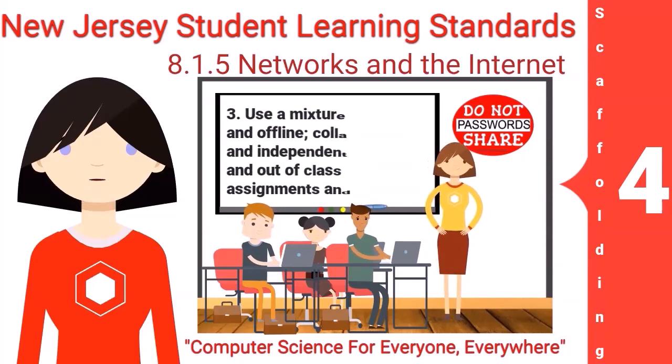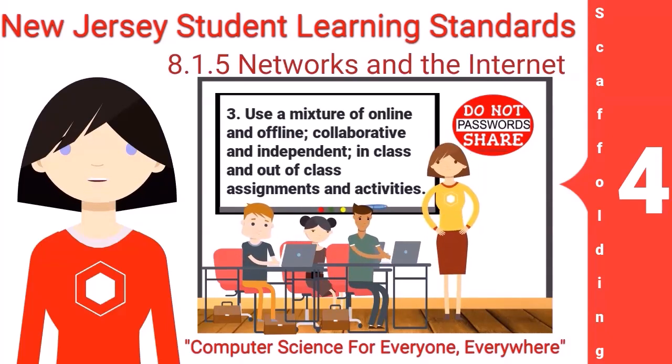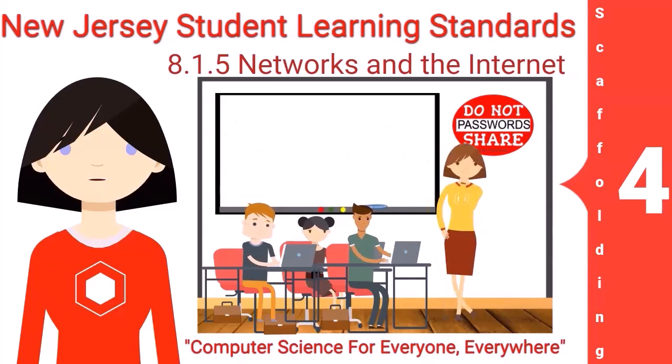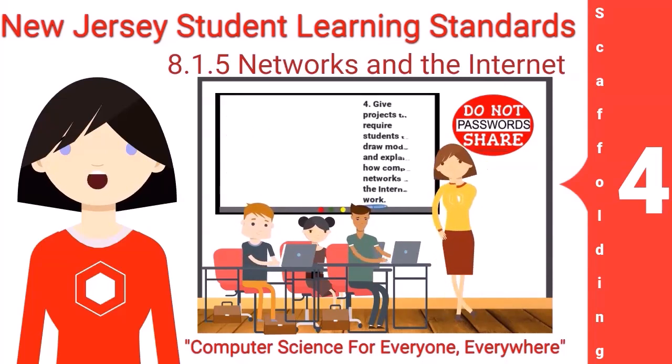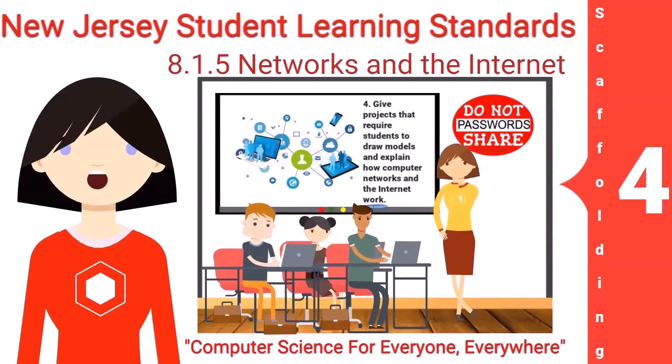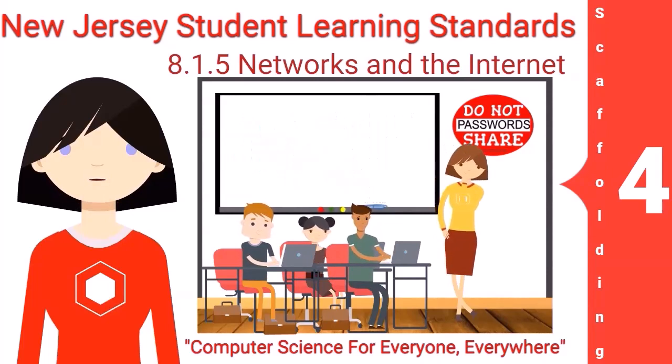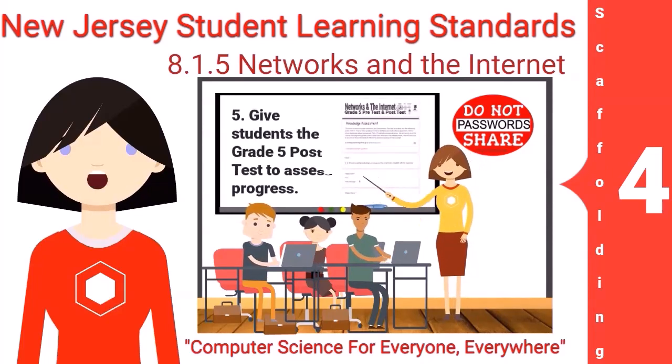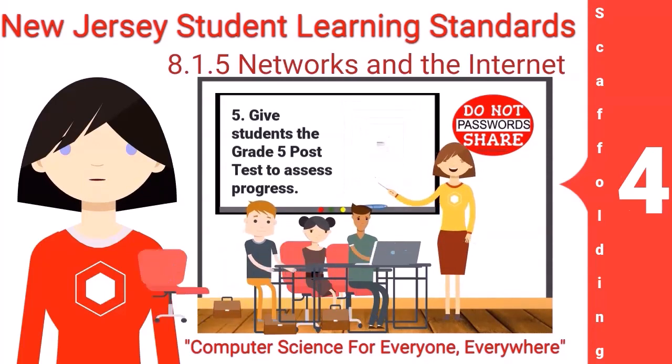Use a mixture of online and offline, collaborative and independent, in-class and out-of-class assignments and activities to teach, reteach the material. 4. Give projects that require students to draw models and explain how computer networks and the Internet work. 5. Give students the grade 5 post-test to assess progress.